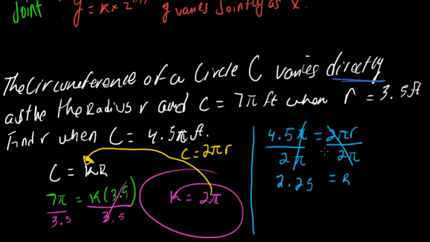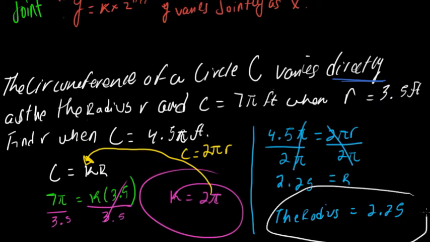So when my circumference is equal to 4.5 pi, my radius is equal to 2.25. And that is the answer to this applied problem.